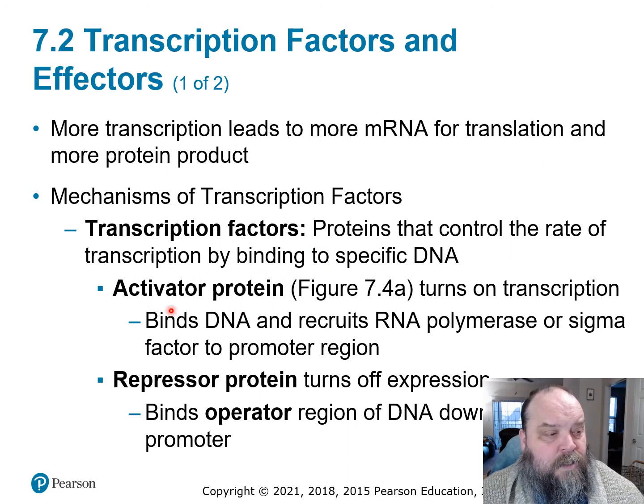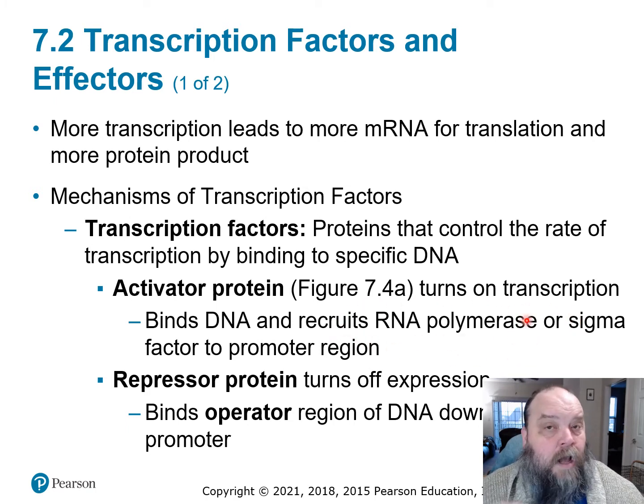As I mentioned in the last section, you have activator and repressor proteins. Activator proteins bind DNA and recruit in RNA polymerases or other factors, things like sigma factors, to a promoter region. The more sigma factors in a promoter region, the more recruiting pressure on RNA polymerase.